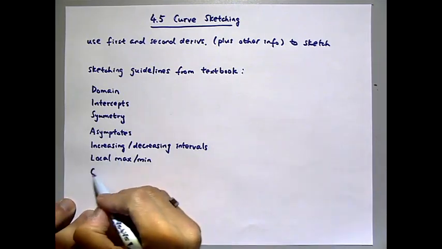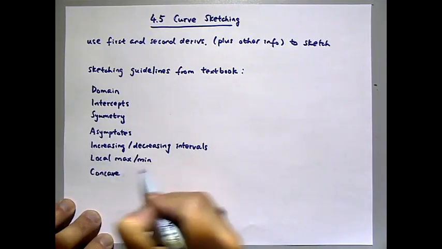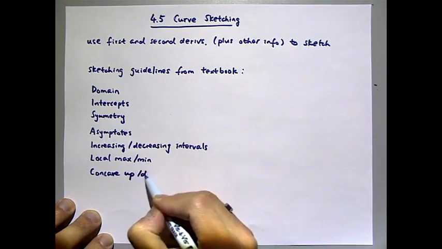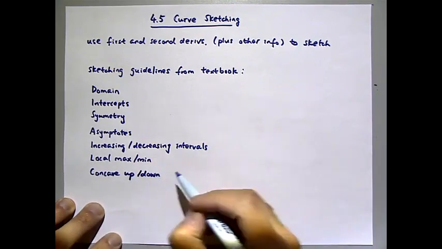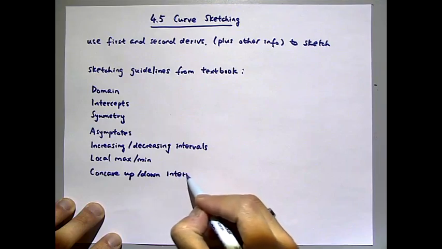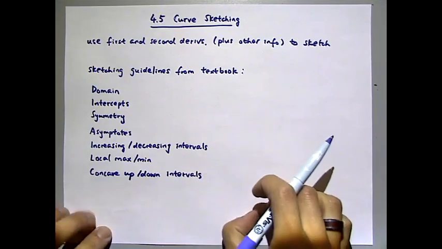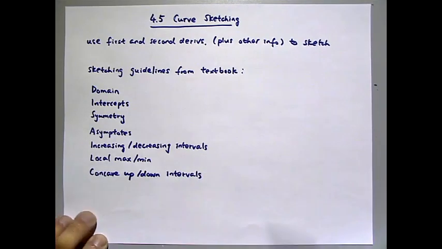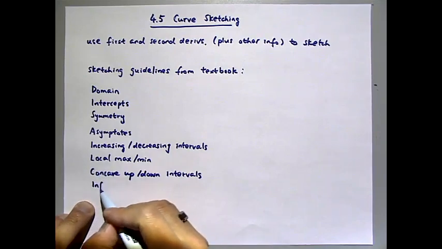Same thing with the next two. We look for concave upward or the concave downward intervals. And as soon as we have those, we automatically know where the inflection points are.